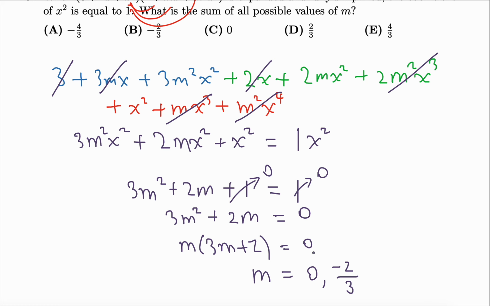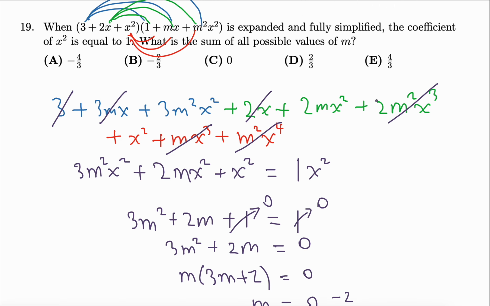Going back to the possible answers in the question, we see that yes, there's a 0 and there's a negative 2 over 3. Okay, so actually I forgot about what the question was even asking. I was like, how can there be two answers? One of them's got to be wrong. But look, check this out.